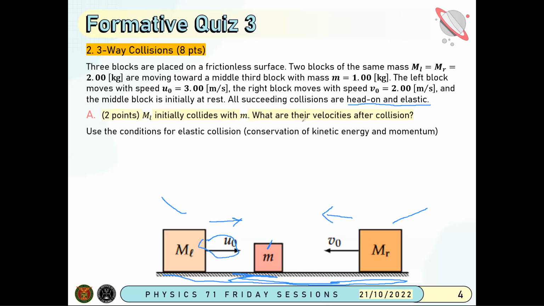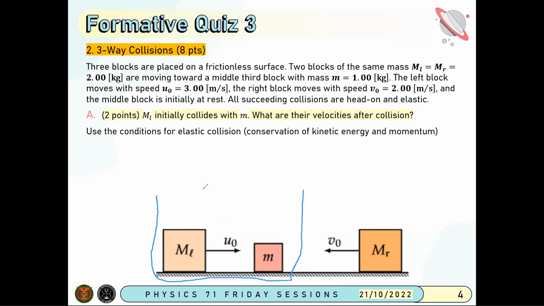Okay. So first, ML initially collides with M. So si left muna nag-collide with M. So ito lang yung tinitingnan pa lang. Okay. What are their velocities after collision? So again, for any collision, we use the conservation theorems appropriate for the problem. So all collisions dapat conserve ang momentum.